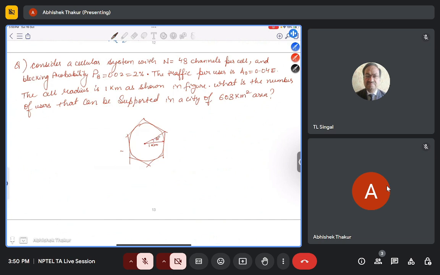We have to find the number of users that can be supported in a city of 603 km square.